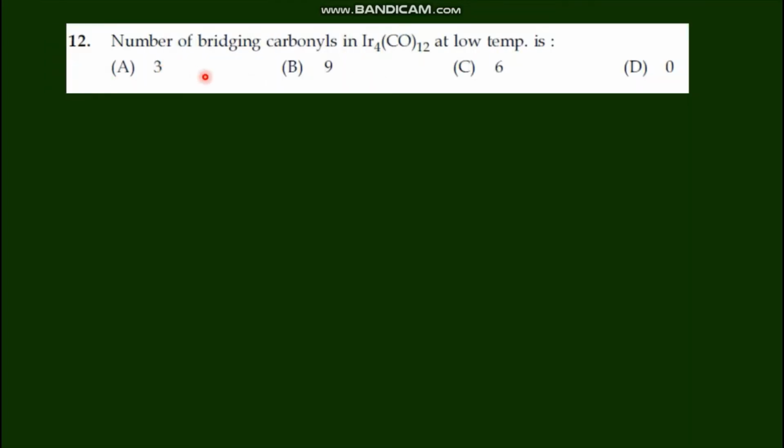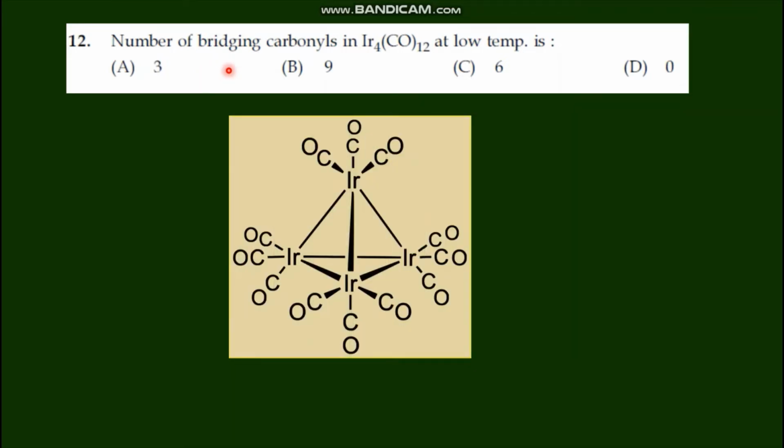Question number 12. The number of bridging carbonyls in Ir4(CO)12 at lower temperature is. So we have to know the structure. This is the structure of Ir4(CO)12. In metal carbonyls, you should go through some of the structures like Fe2(CO)9, Fe3(CO)12, some basic structures of common compounds.